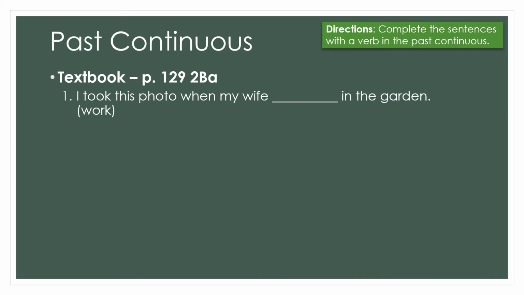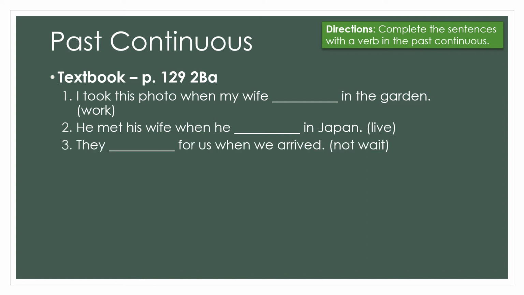Number 1, I took this photo when my wife blank the garden, using the verb work. Number 2, he met his wife when he blank in Japan, using the verb live. Number 3, they blank for us when we arrived, using the verb not wait.